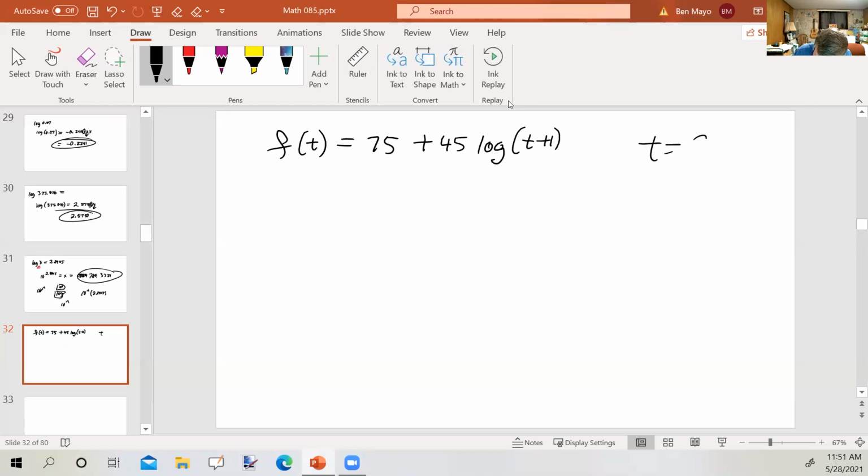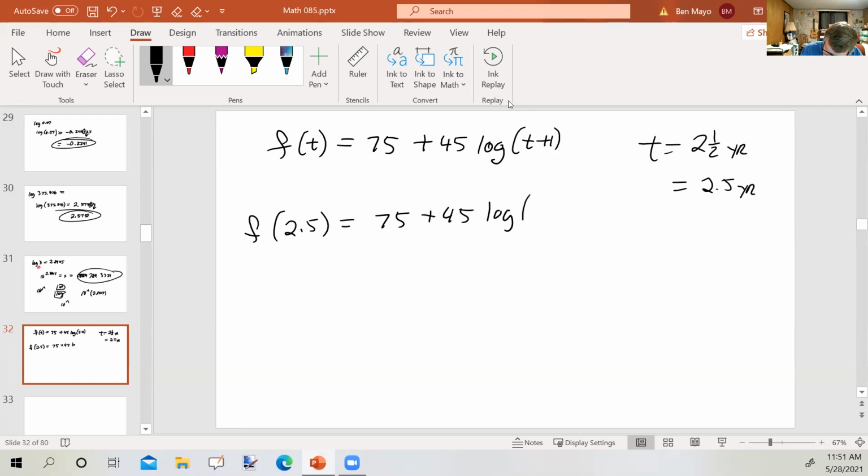So time is 2.5 years. So we want to find f of 2.5, which is going to be 75 plus 45 times the log of 2.5 plus 1, which is 75 plus 45 times the log of 3.5.